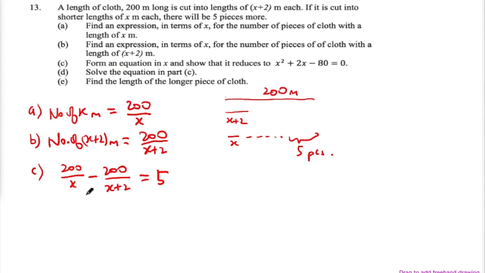Therefore, we must make a common denominator by taking this, multiplying by x plus 2 over x plus 2. And on this side, we need a factor of x, so we multiply by x over x.